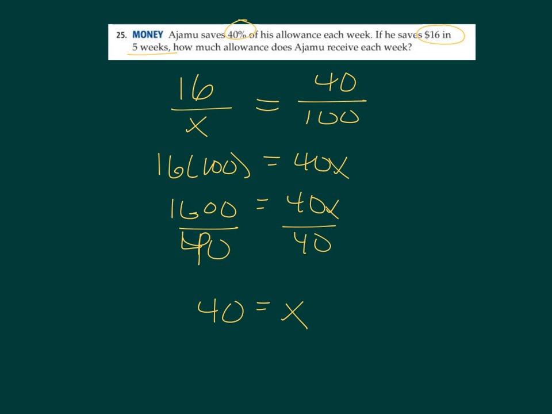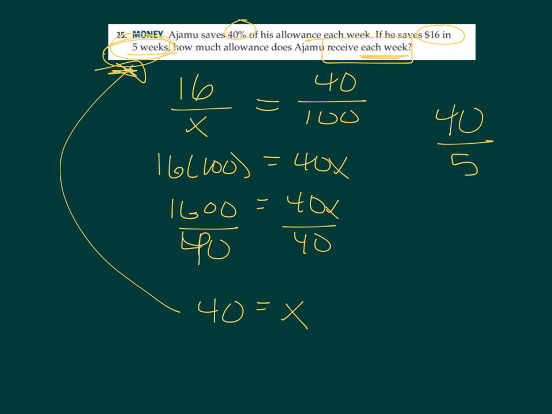Now the tricky part here is this 40 represents how much allowance was made in 5 weeks, but we want to know how much it is each week. So we had $40 in 5 weeks.